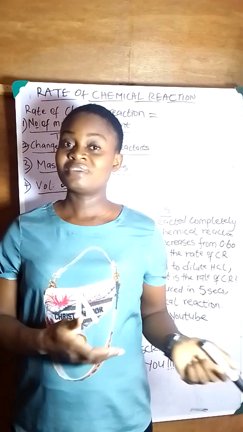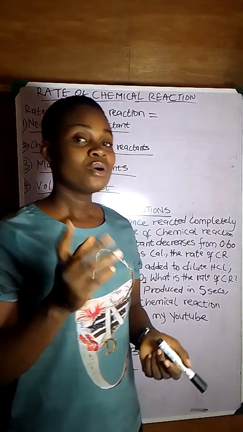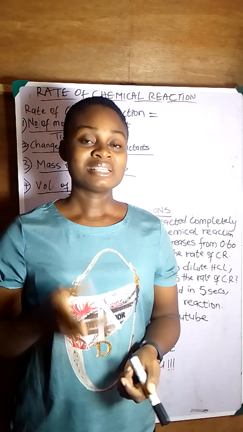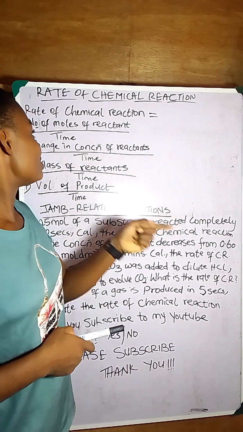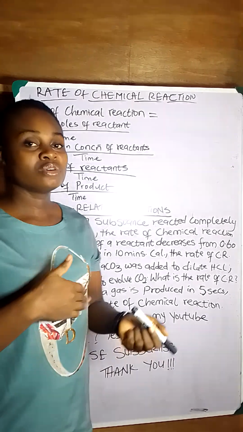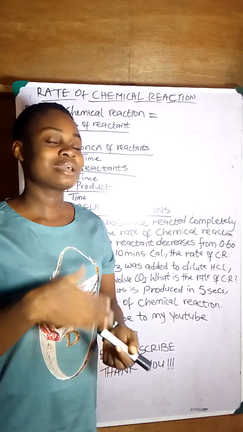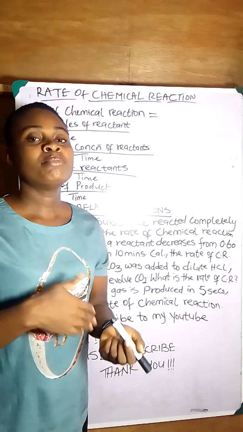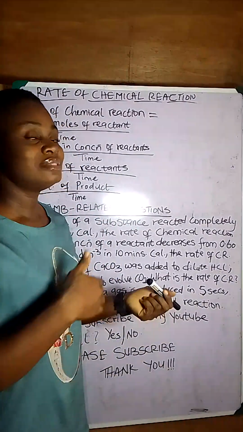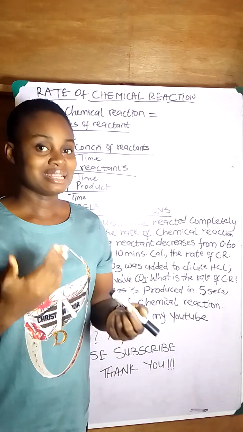Okay, now let's go over and solve the questions on the board. We'll have 4 different mathematical methods, just like I said, and the first one is rate of chemical reaction is equal to number of moles of reactant per time. That means you can calculate the rate of chemical reactions based on the number of moles. Okay, that is the amount of moles that is given.